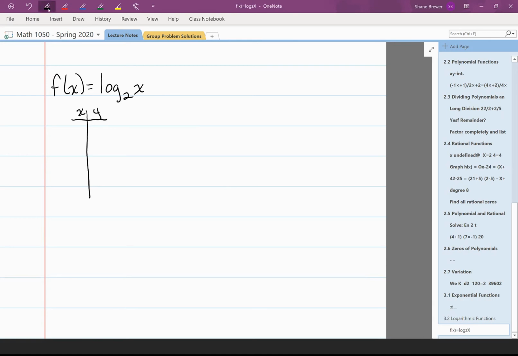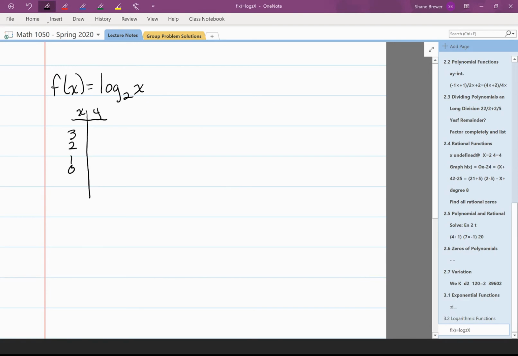So we're graphing the log function. And we're going to plug in values for x, just like we do when we graph everything. So the trick here is I've got to be selective on what I can plug in for x. I can't just plug in my usual 3, 2, 1, 0.